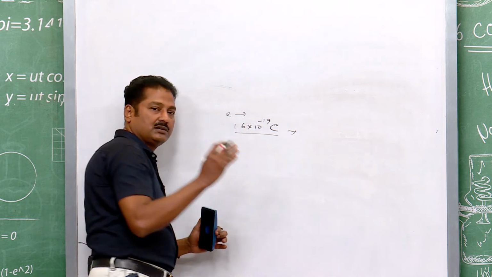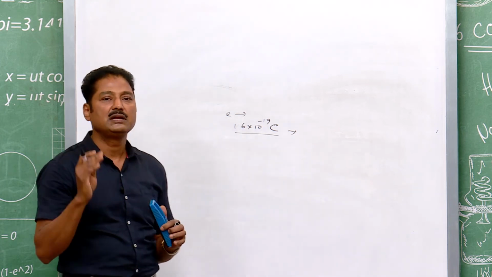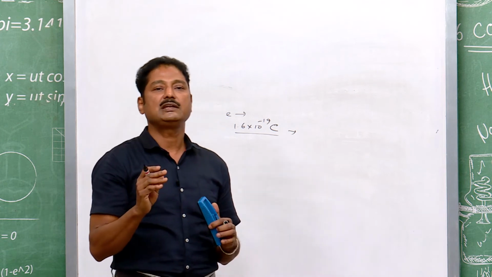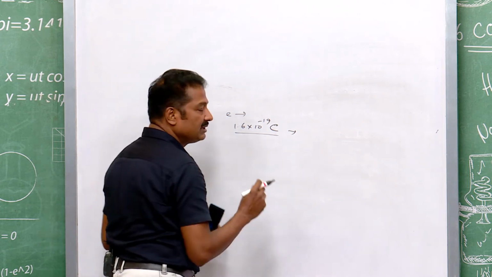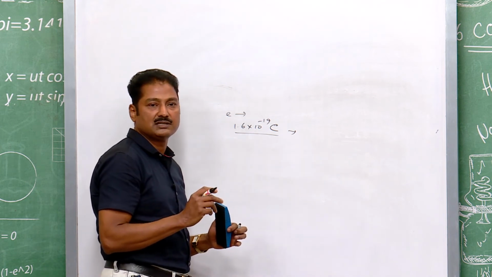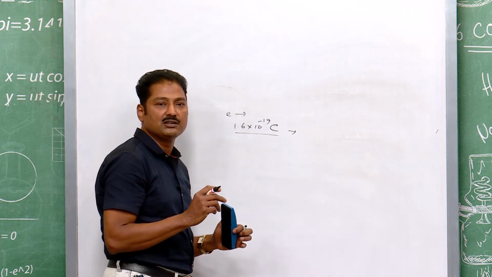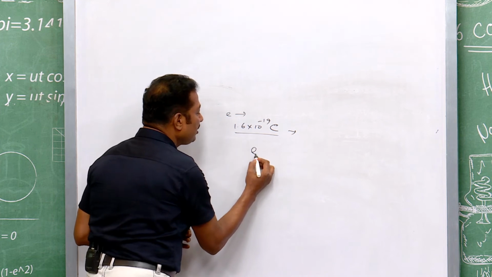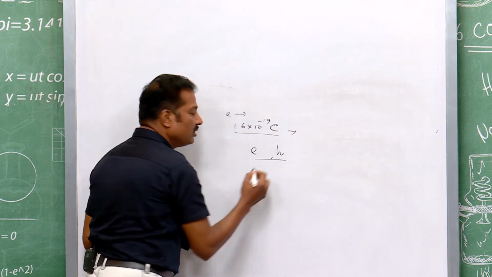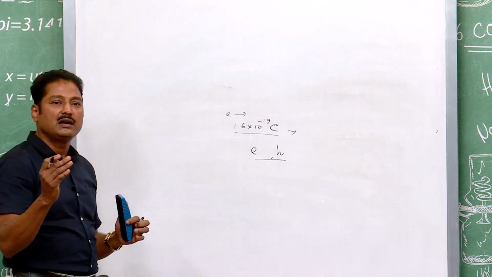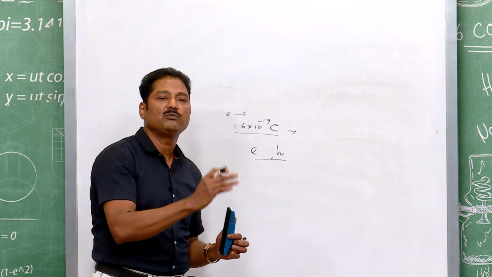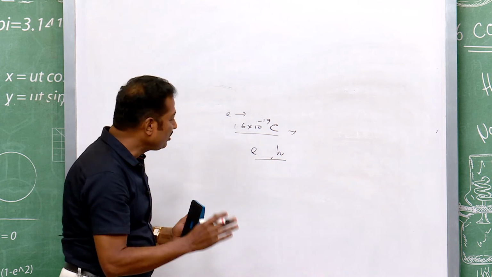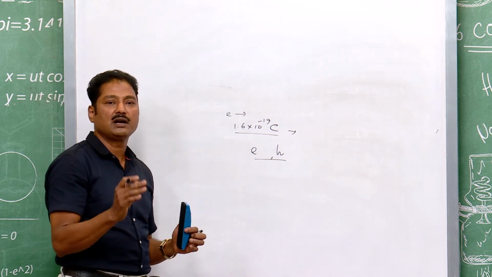This charge per unit time is known as your current. But in case of semiconductor, there are two types of charge carriers. One is electron, another is hole. So, the hole may travel from one point to another point, the electron may travel from one point to another point. Both the motions will give you the current.